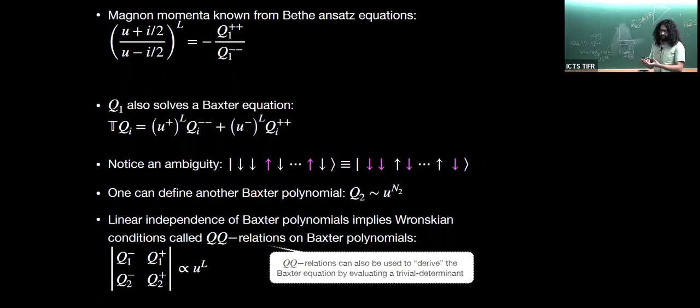A QQ relation is just a relation between different Baxter polynomials. As an auxiliary comment, you can actually use these relations to derive this Baxter equation itself.